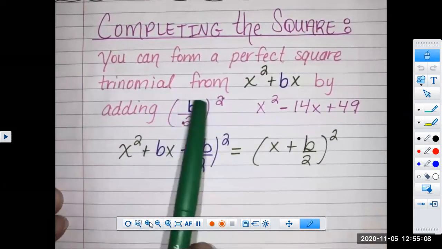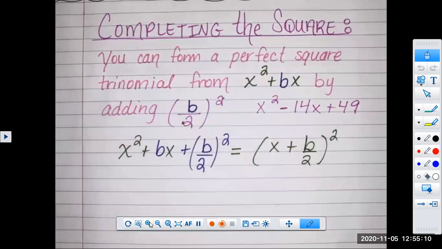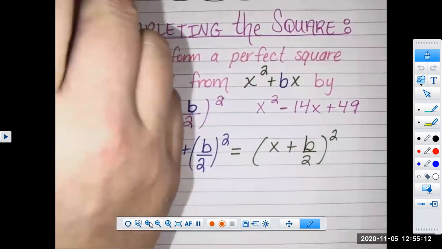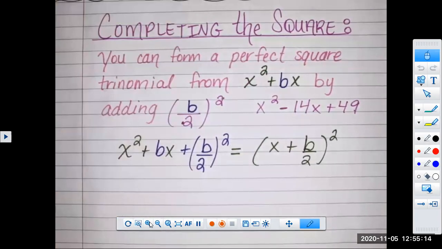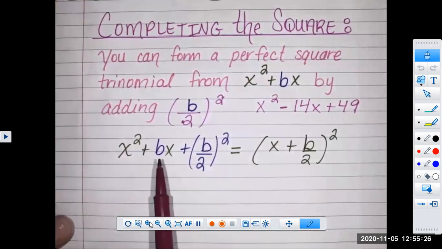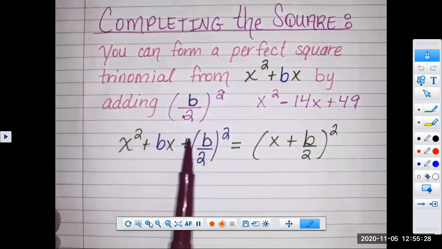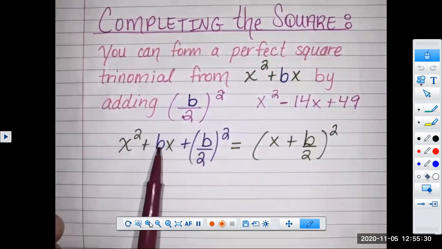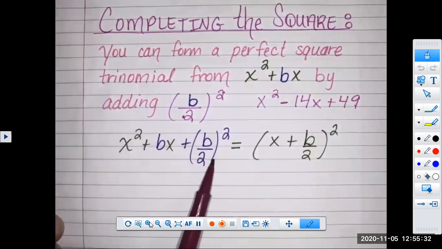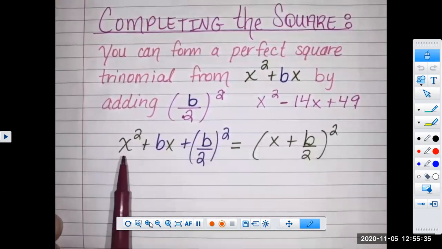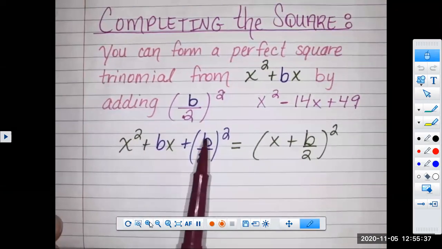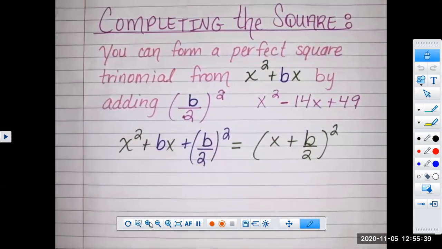Good. And notice up at the top, if you look back at the notes that you wrote down, all of those last numbers had a plus sign in front of them. +4, +49, +9 fourths. So your signs at the end in the non-factored form will always be plus. And down here, I'm just showing you what it looks like in variable form. You take half of this, square it, and that's your third term. And this would factor into x plus b over 2.